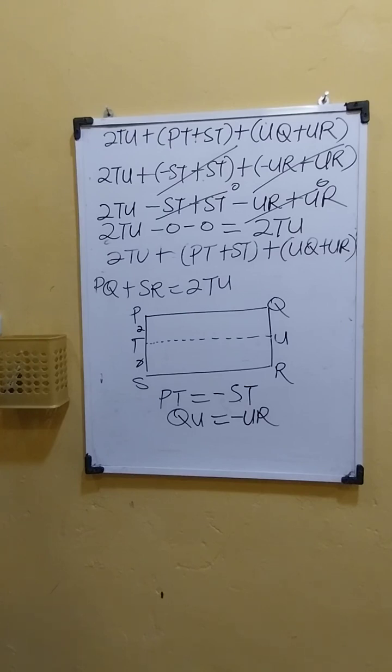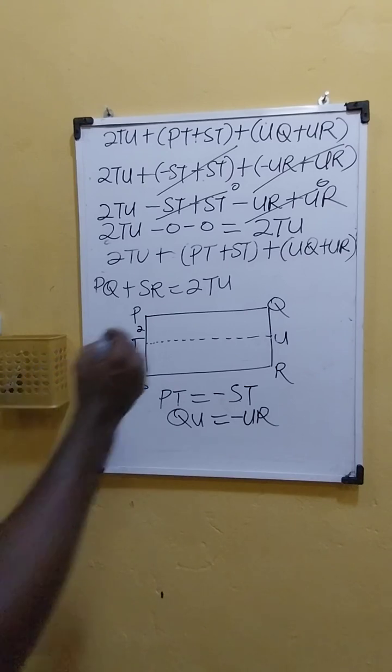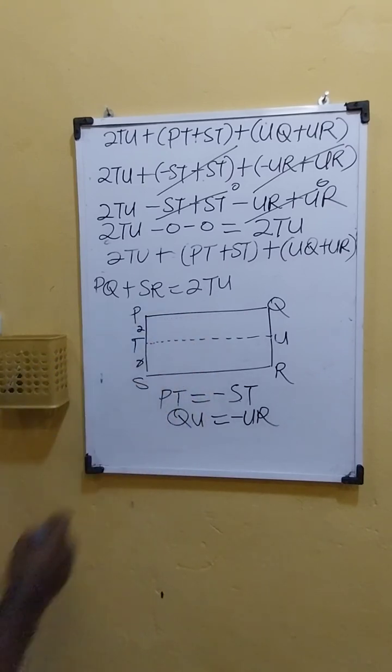What if, does it mean that we can't do PT equals TS, or this one, QU equals RU? Does it really matter that we need to arrange it somehow?